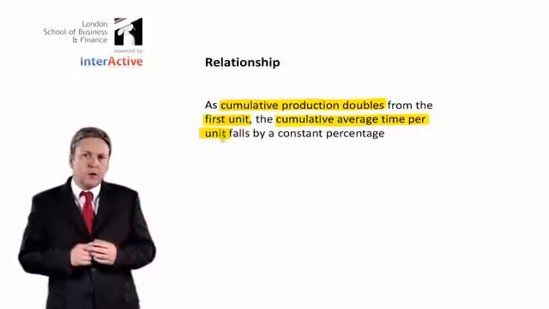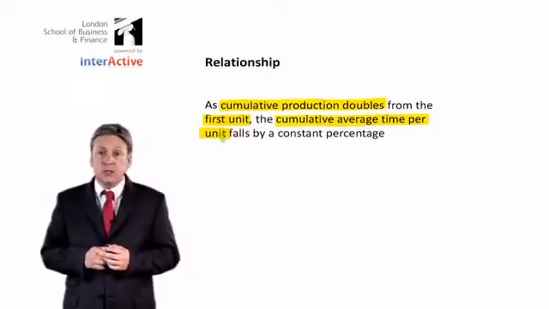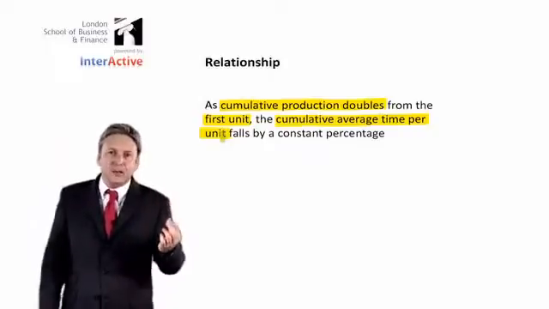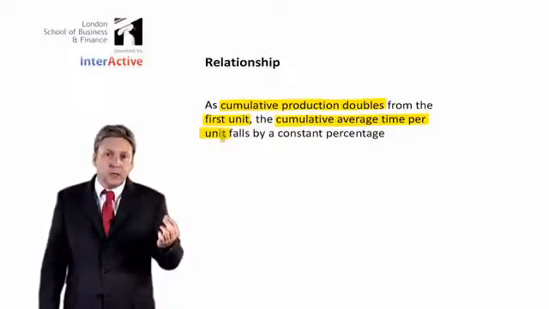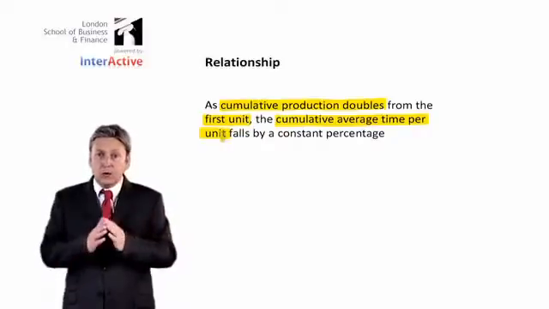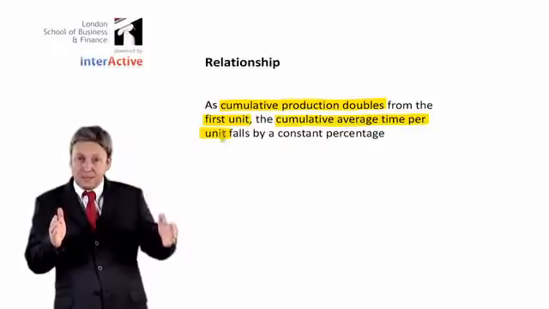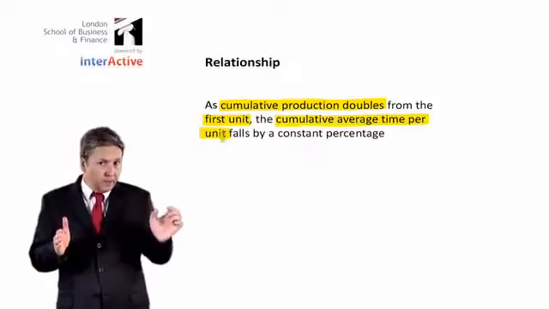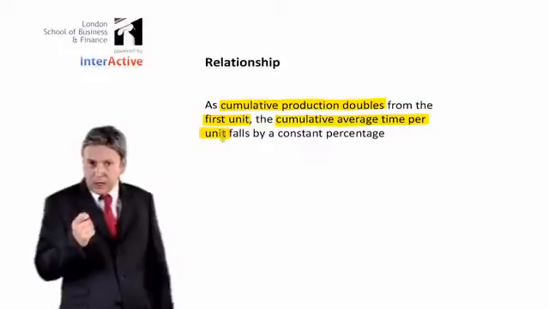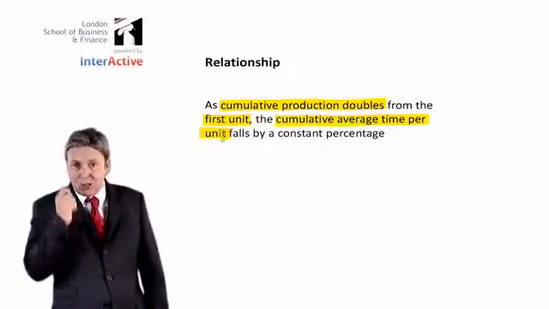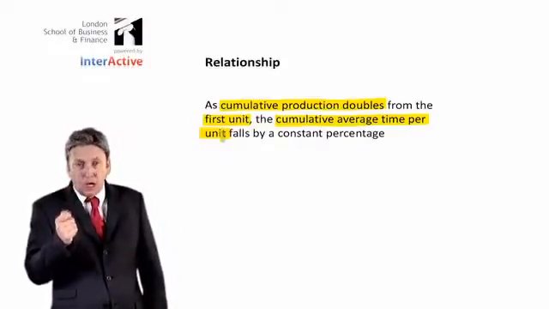But what happens if I want to calculate the time taken, say, for the 8th and final unit? Well, the only way we can do that is by calculating the total time for 8 units minus the total time for 7 units. That is the only way. So remember, everything relates to the first units and cumulative production. I will repeat that point.